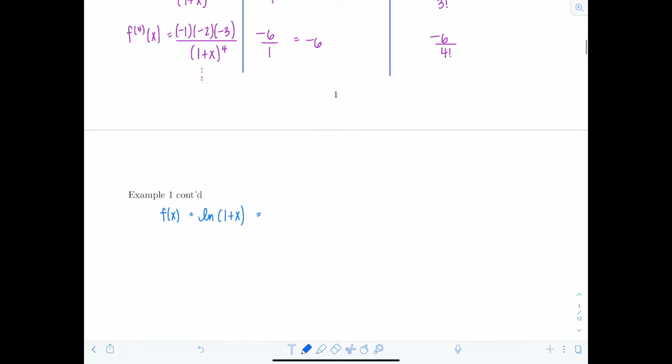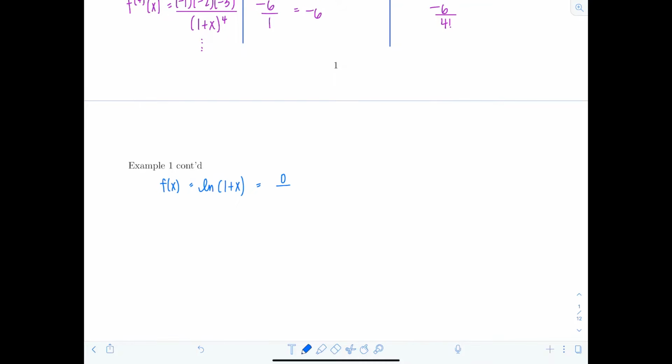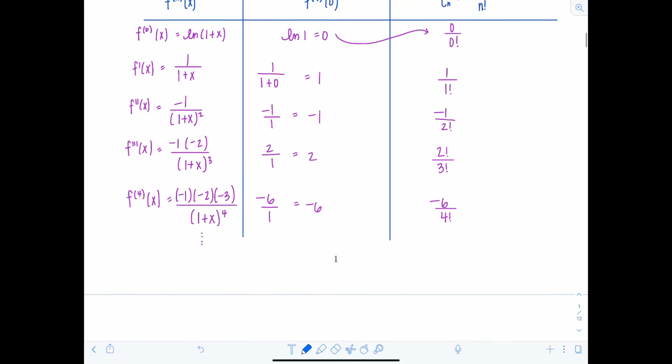The first term is 0 over 0 factorial times x to the 0 plus, then I have 1 over 1 factorial times x to the first plus, then the next term is negative 1 over 2 factorial times x squared, right? X minus 0 squared. I'm getting all of these values from here.